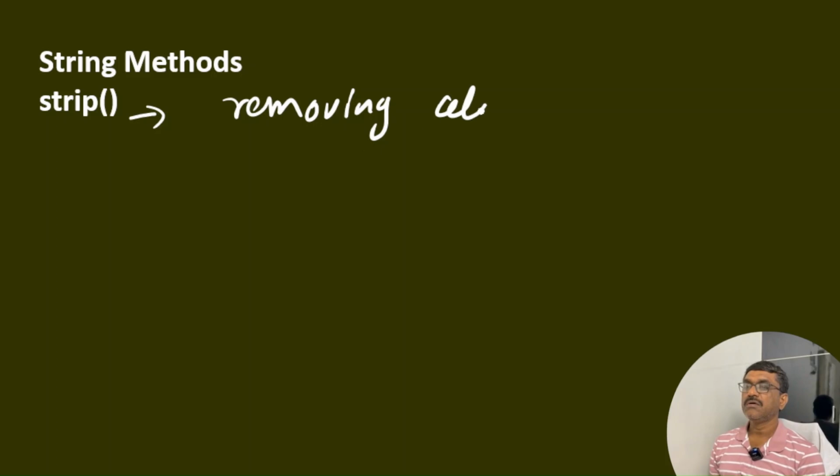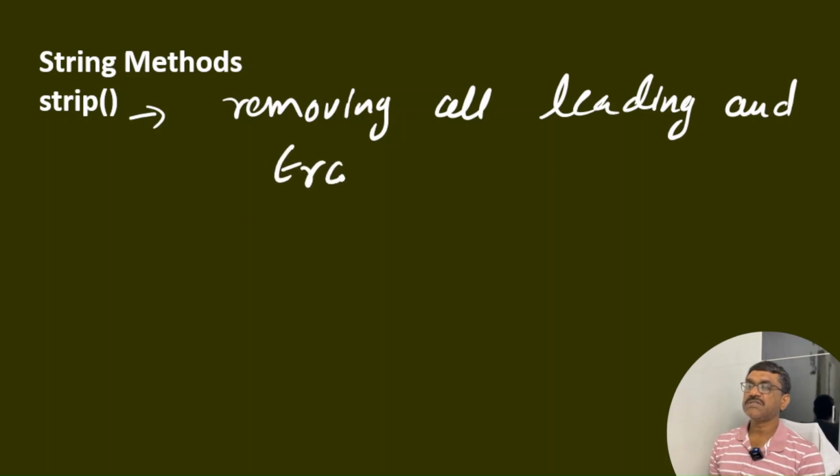Now we are going to discuss the first string method called strip. What is the main function of the strip? Please understand that the strip method is generally used for removing all leading, at the same time trailing, white spaces in a given string.